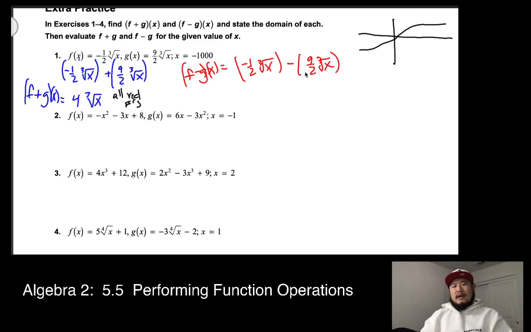We're subtracting these two, so this time we have negative 1/2 minus 9/2, and that is negative 10/2, which is negative 5.